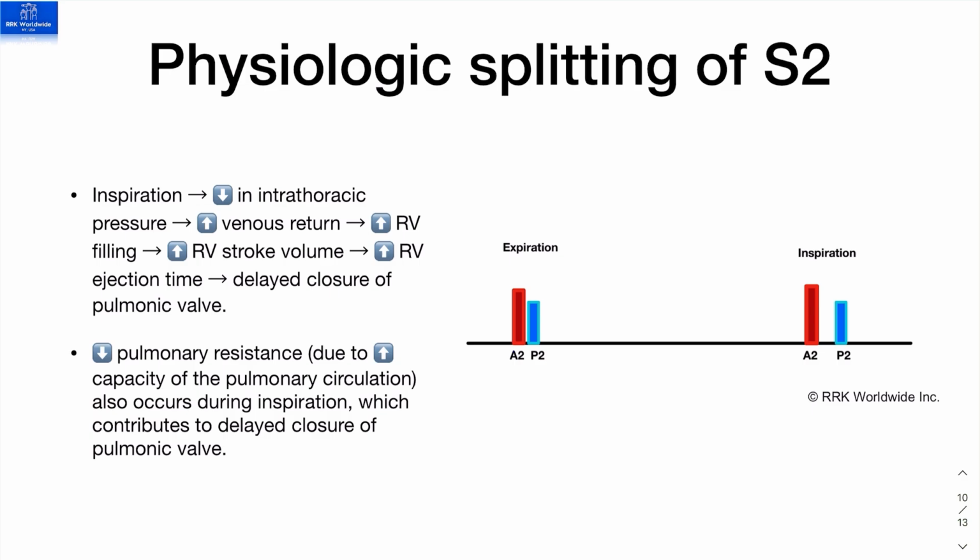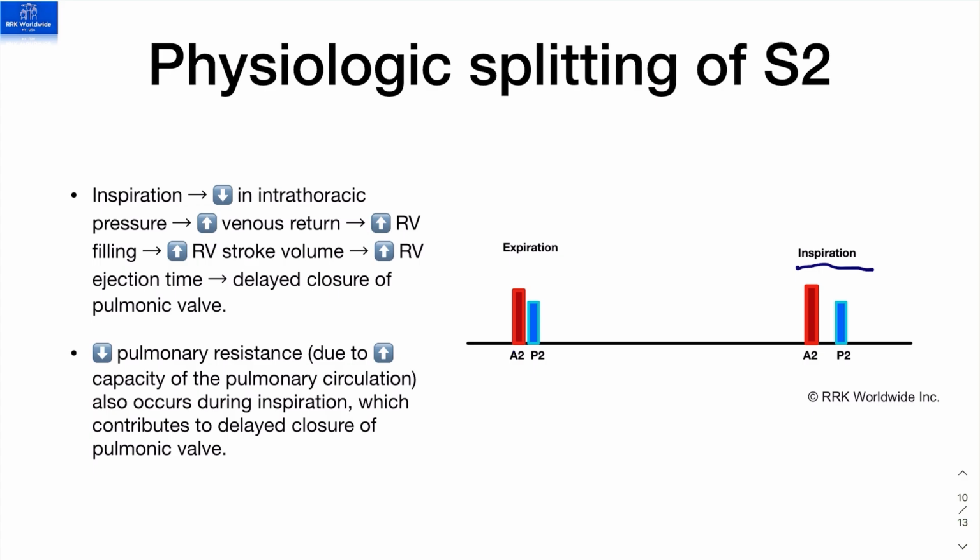All right, so before we start talking about the pathology and the auscultatory findings we have in ASD, let's discuss the normal physiologic splitting, so that we could understand. It's important to know that there's always a splitting of the S2, but you could actually hear it on auscultation during inspiration.